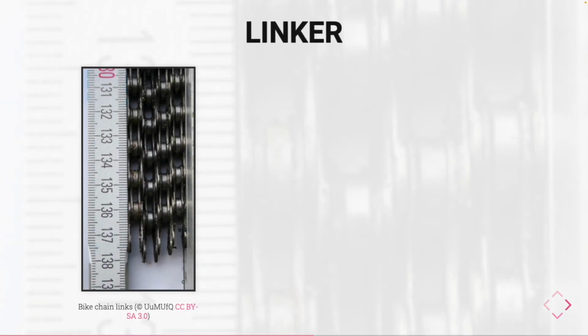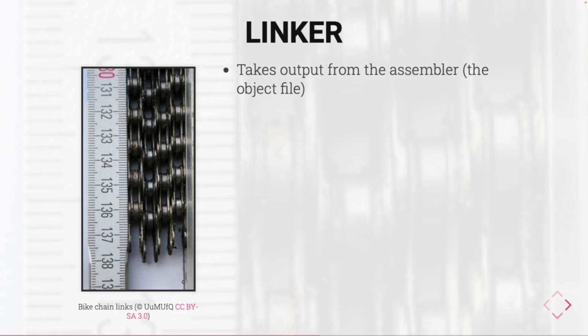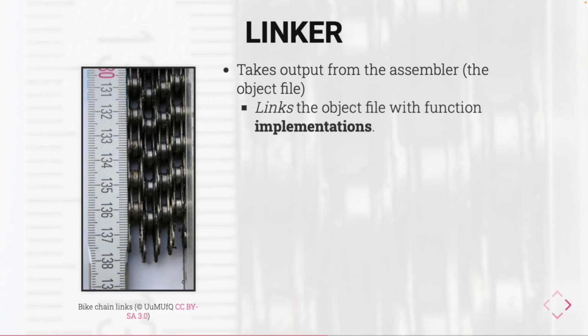So the linker, this part specifically, was the bane of my existence in that first work term. It takes output from the assembler, i.e. the object file, and then it links the object file with function implementations. Right now, that just means take the binary code and put in, I don't know, the address on your hard drive of the printf implementation.